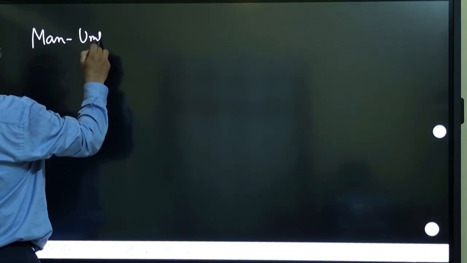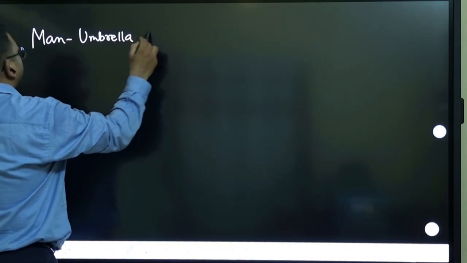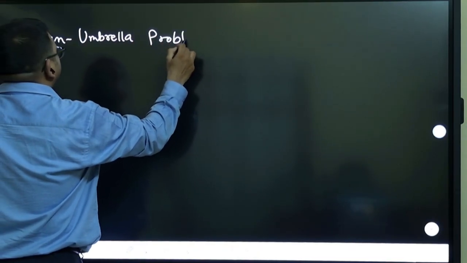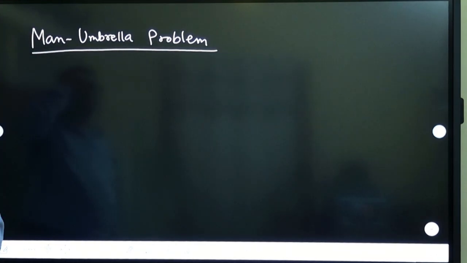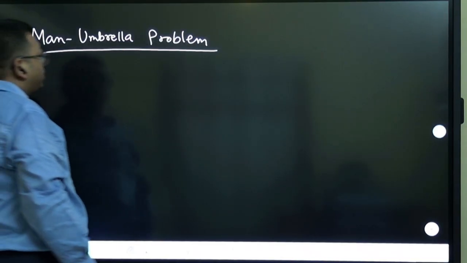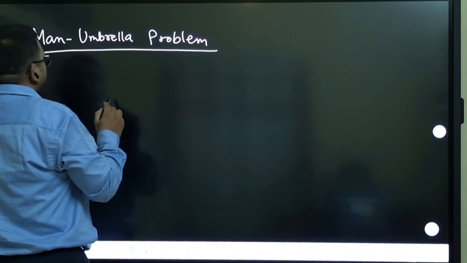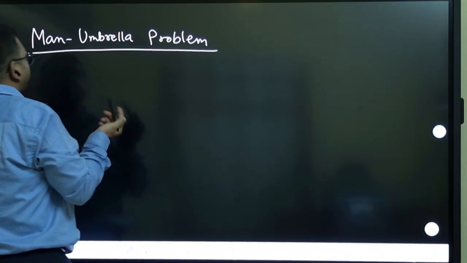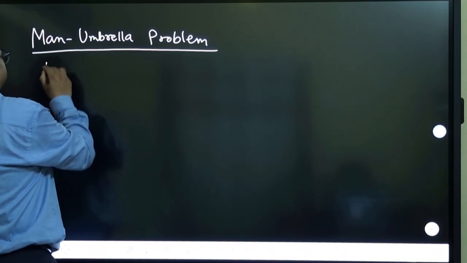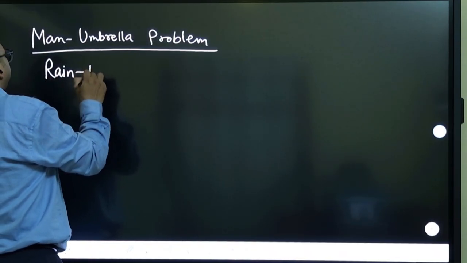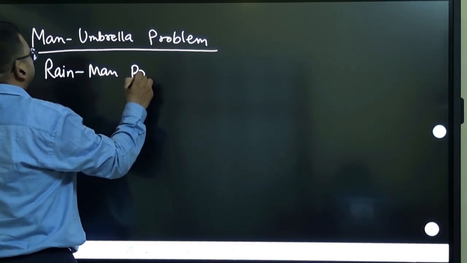Now we can go to the man umbrella problem. What is the man umbrella problem? Sometimes it is called the rain man problem.